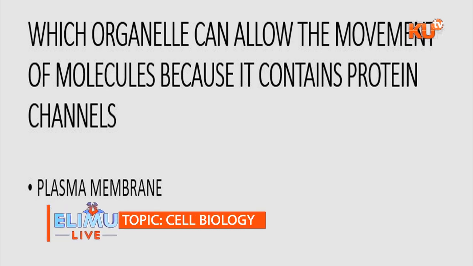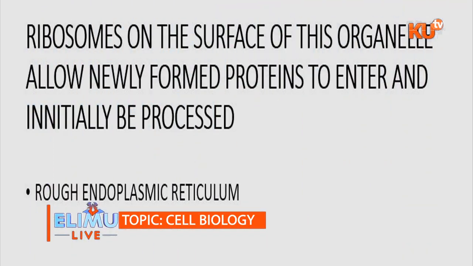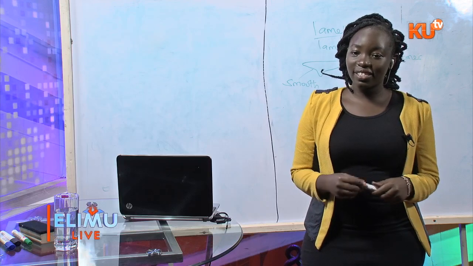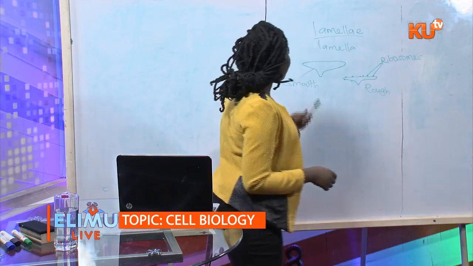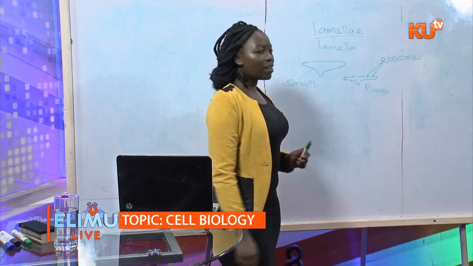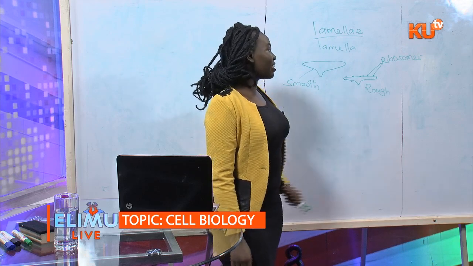We're going to the next question, and it asks about the ribosomes on the surface of this organelle that allow newly formed proteins to enter and initiate the process. When we were starting our lesson, we said that we have the endoplasmic reticulum. We have the smooth endoplasmic reticulum, and we also have the rough endoplasmic reticulum.